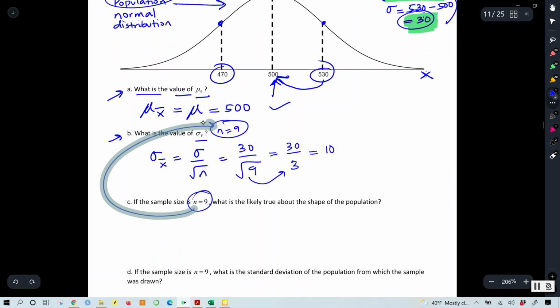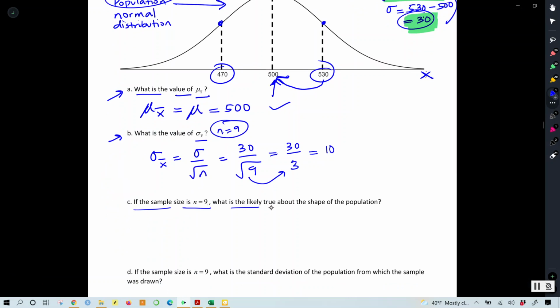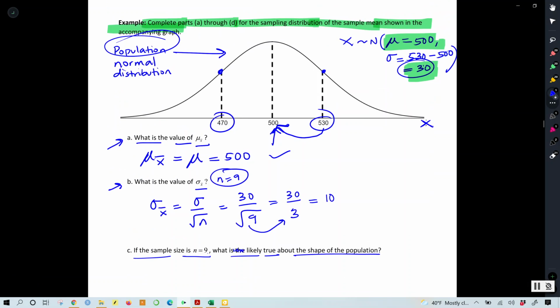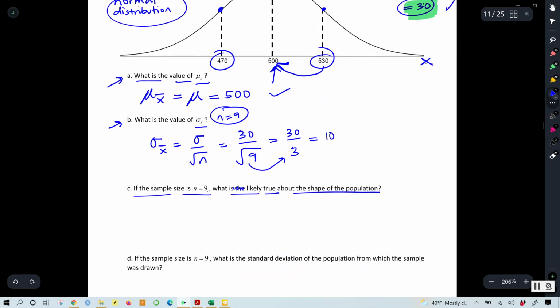So, based on what we have here, we are told that if the sample size is n equals 9, what is likely true about the shape of the population? Well, since we're starting with a normal population, when n is equal to 9, the sampling distribution will also follow a normal distribution.